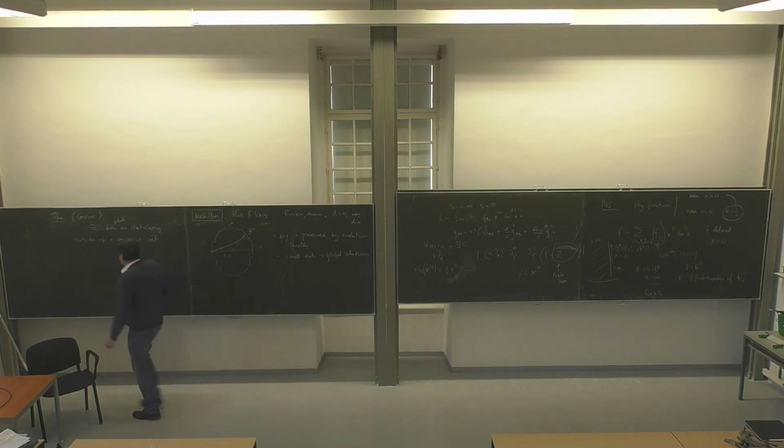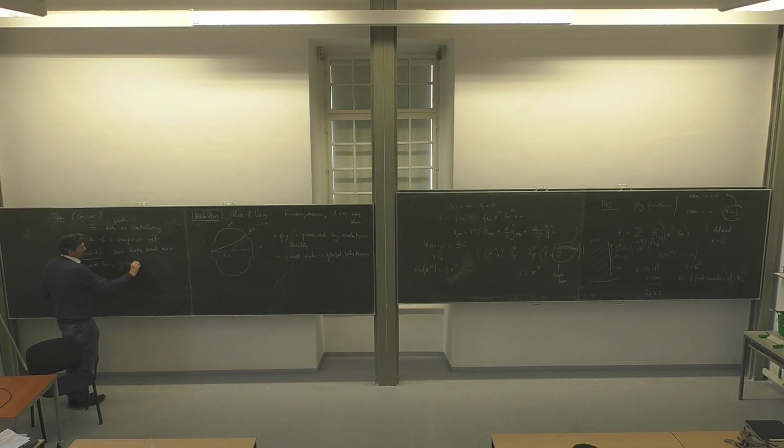And then there is this fantastic theorem of Friedrich, which tells you that such data lead to a smooth scri. And global if the data are small, right?